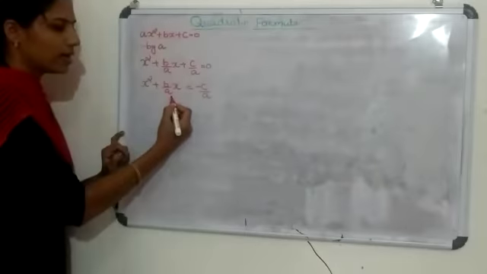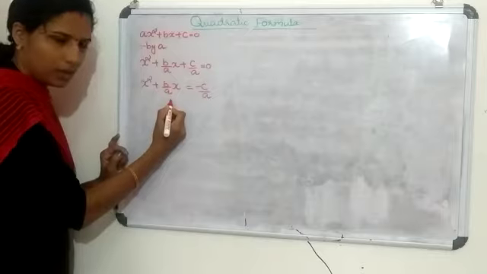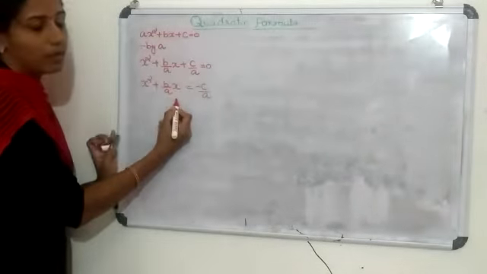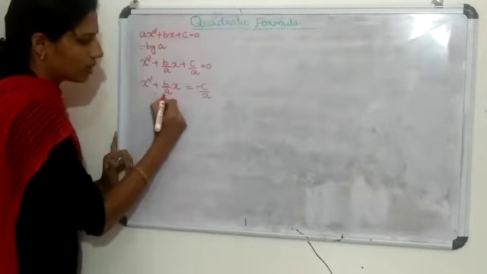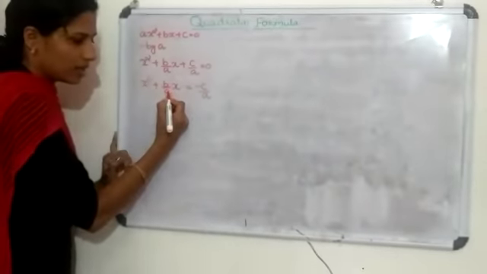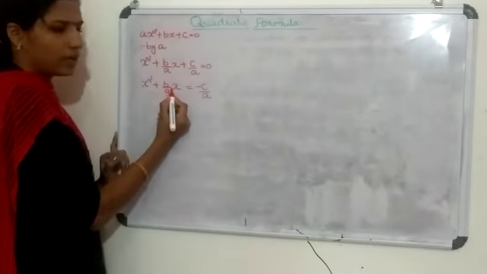Now I told you, check the coefficient of the x term, and if it is a fraction, multiply it by 1 by 2. So here the coefficient is b by a. What is b by a into 1 by 2?